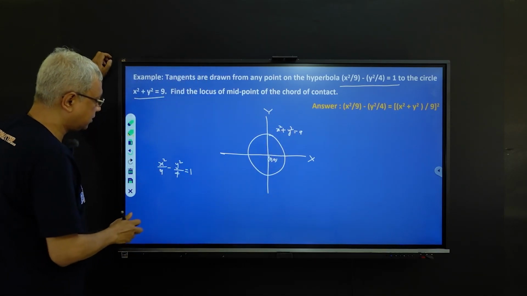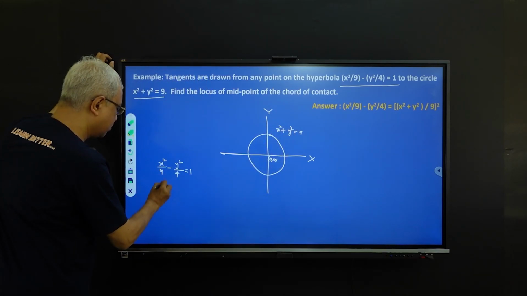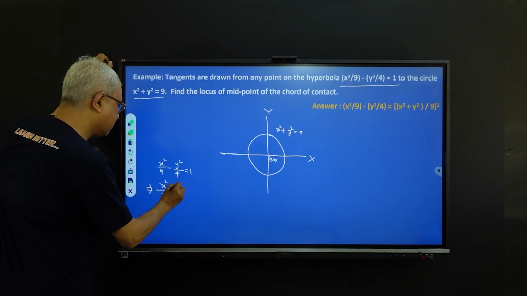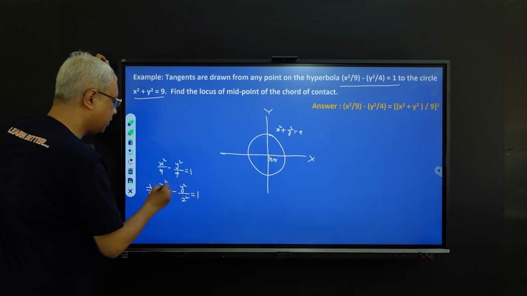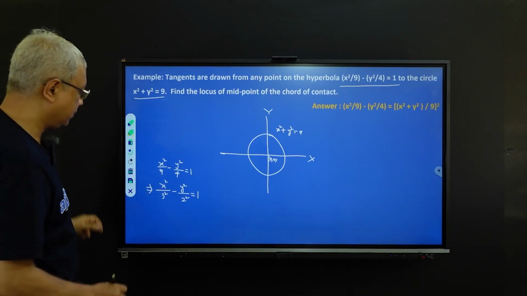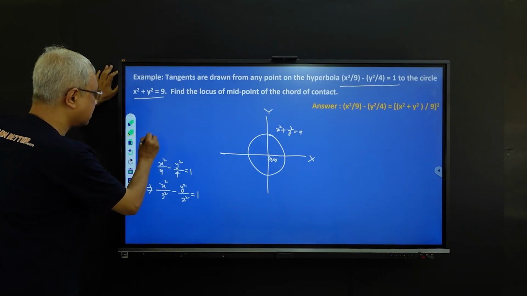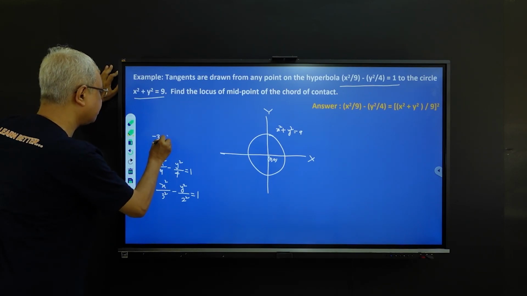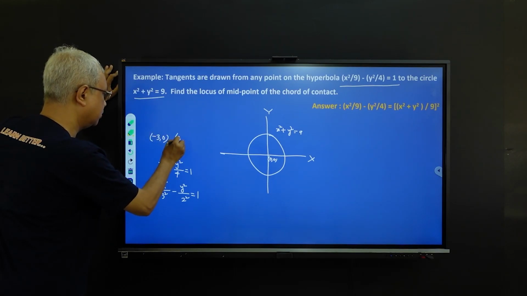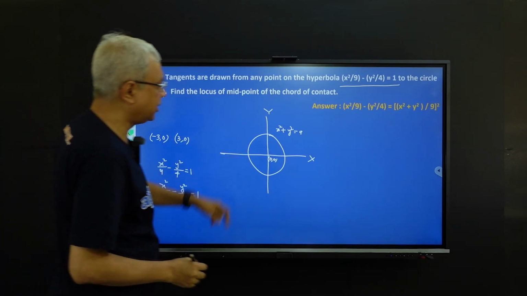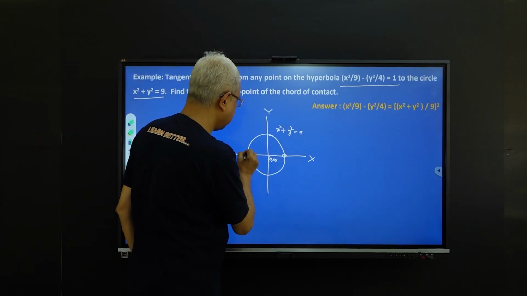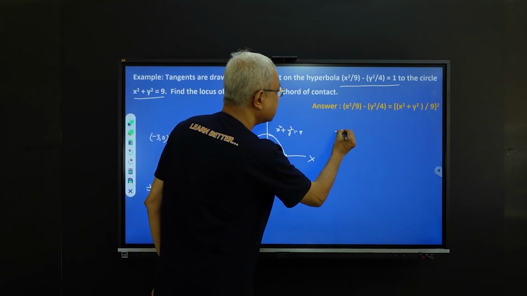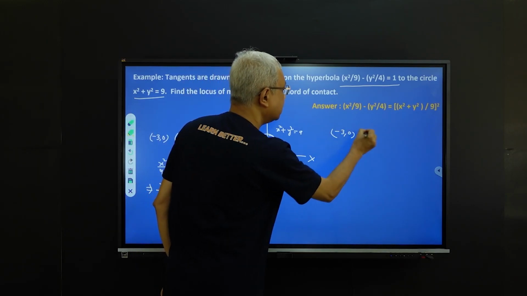So for this hyperbola, I can write x square by 3 square minus y square by 2 square is equal to 1. For this hyperbola, the vertices are minus 3, 0 and 3, 0. And this circle also cuts x-axis at minus 3, 0 and 3, 0.